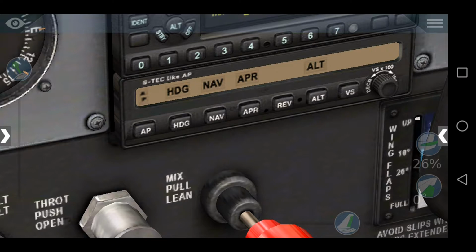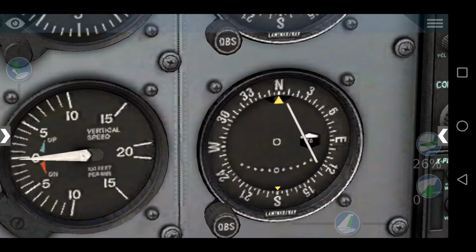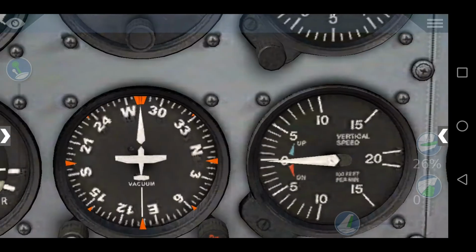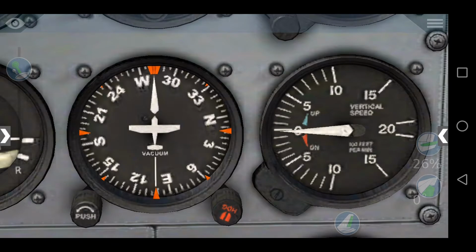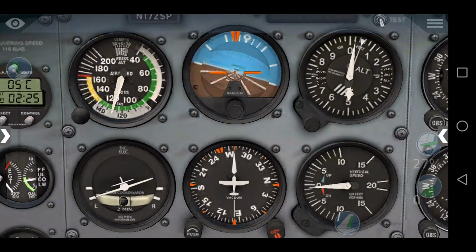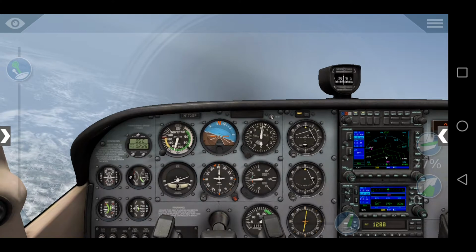So I now have navigation indicated in approach mode, and knowing that my airport is to the right, I'm going to try and turn about 20 degrees so that I'll be quicker at intercepting the localizer.